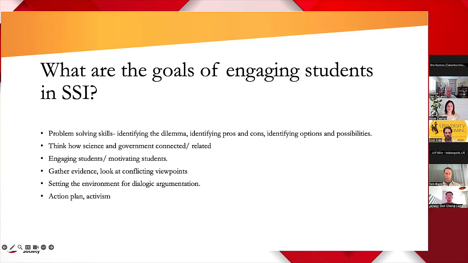That would look like a class doing a socio-scientific issue, reaching out about a plant in their area that is polluting the water and advertising that in the newspapers, or writing an opinion column for the local newspaper, or even going to protest.